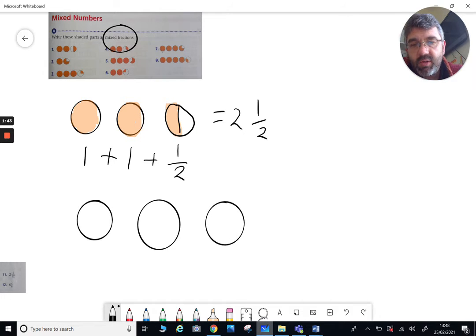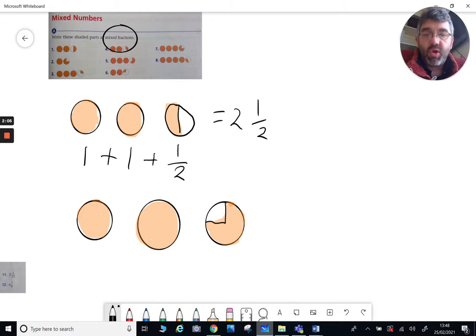And this time, the end one is shaded like so. So we just quickly shade that in, try and be as neat as I can. Then one over here, whole circle is shaded, and the first one, the whole thing is shaded again. Okay, come back to the pen.